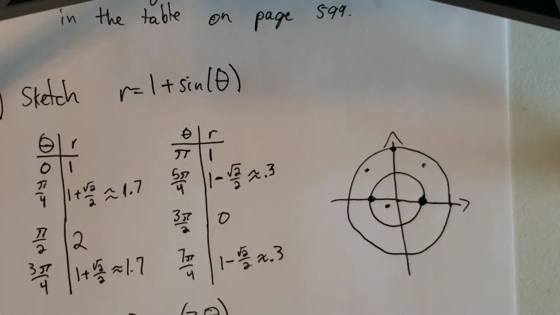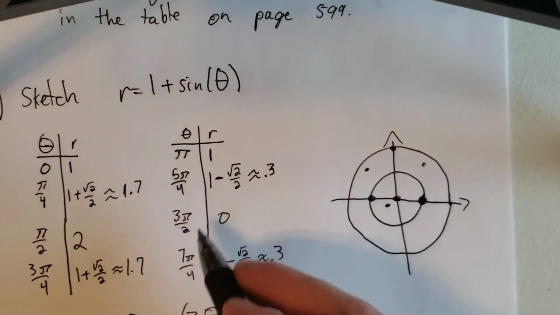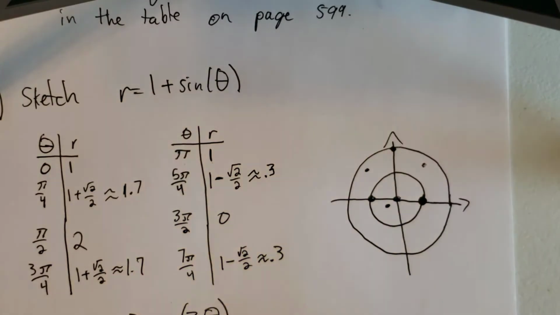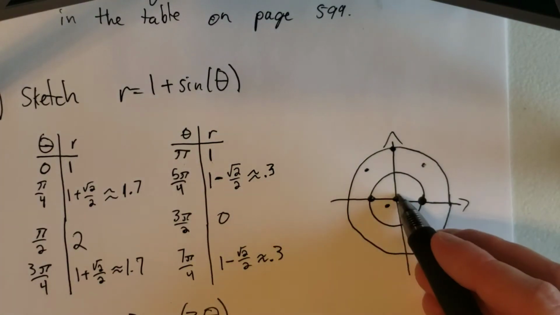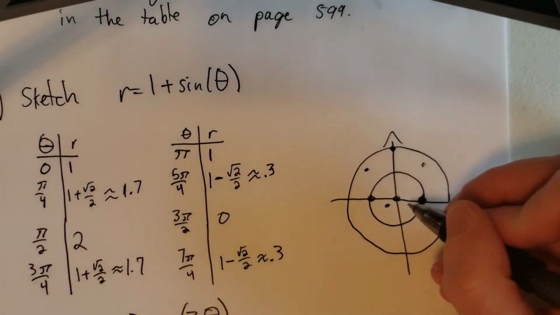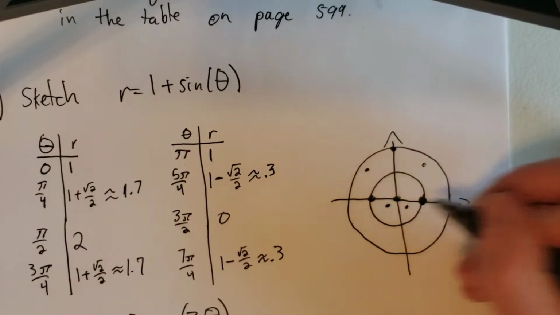So that's there. And 3 pi over 2 for theta, 0 for r, so that's just the origin. Anytime r is 0, that gives us the origin, no matter what the angle is. And finally, the last point was 7 pi over 4 for theta and 0.3 for r. So that was in this direction, and we go 0.3.